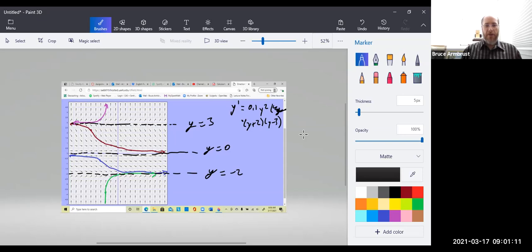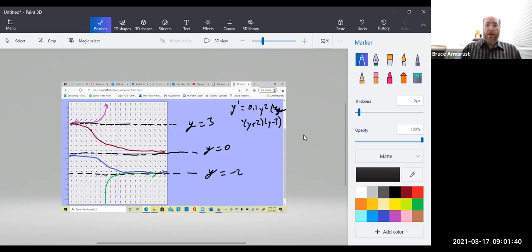As we get closer to those places, they end up flattening out. And so we have a name for those. Those are called equilibrium solutions because they're making it so that the function doesn't change. Y prime equals 0 means that your function is constant, at least momentarily, right? So those are what we call equilibrium solutions.